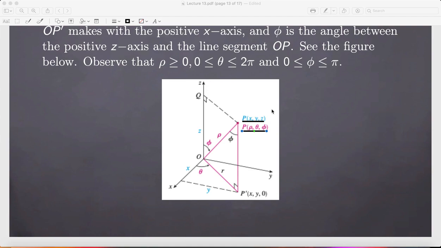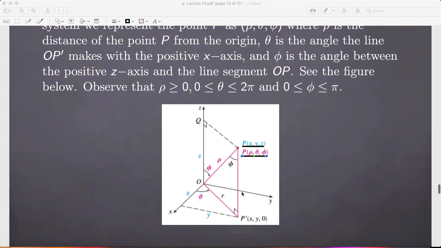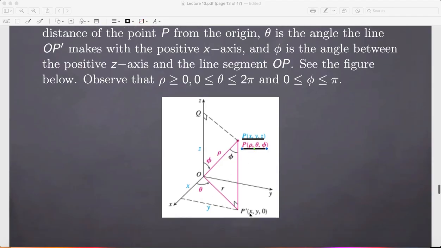All right, and what we also have to see is that this r can be written in terms of rho, because we are supposed to have a representation of P in terms of these three coordinates, but right now x and y are being written as r and theta. So just look at these triangles. This is a right angle over here, and similarly this is a right angle over here. So I can write this r in terms of rho and the angle.